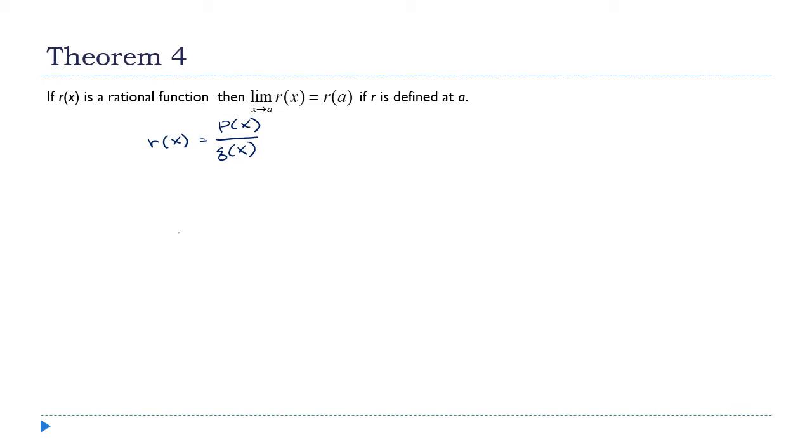Just evaluate it at a, whatever a is, and the number you get, there's your answer. So a whole other class of functions we can do very, very quickly now. And again, I'll leave the proof of this one to you. It's just an application of that quotient property for limits.